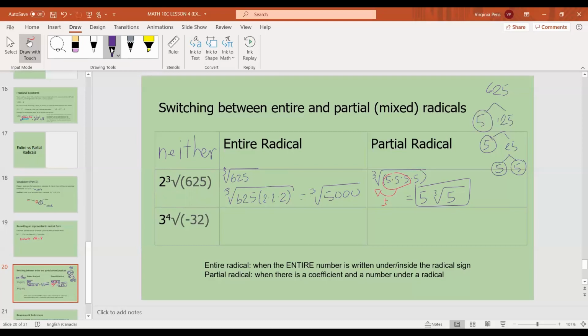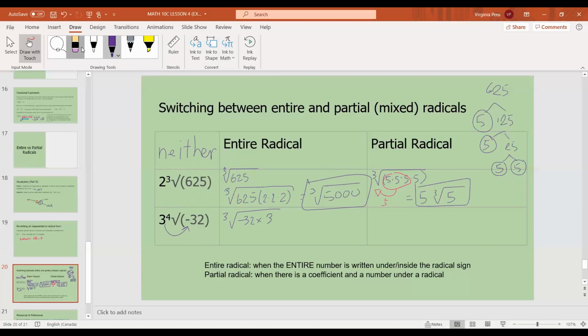Okay, we just finished our first conversions. Let's move on to the next question. 3 to the, what's this? The fourth root of negative 32, with 3 in front. For the entire radical, we want to bring the 3 inside.